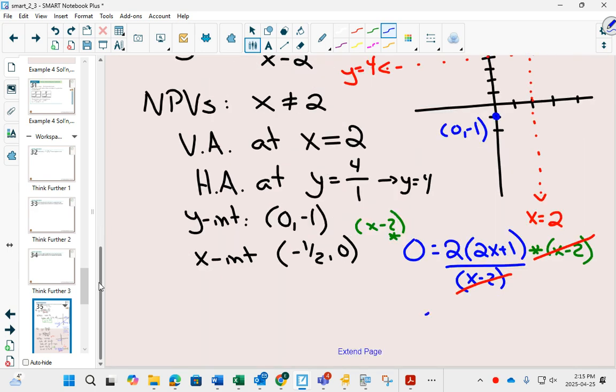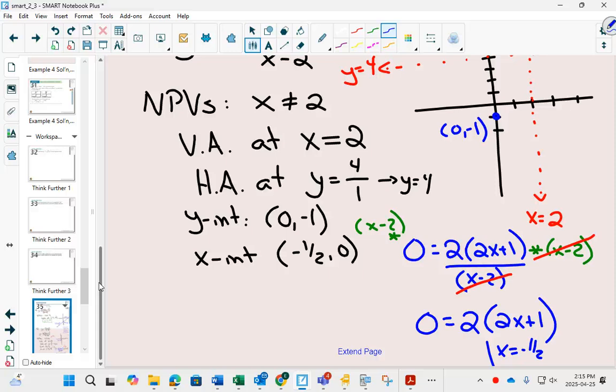And since the side is 0, you just get your numerator, right? The shortcut I said is just look at your numerator. Can you see why you don't have to look at the denominator? Because when you're solving, it would just disappear. And then it's already factored, and I guess I could split it here, but only negative 1/2 would work, because it's only one factor. The 2 is never going to equal 0.